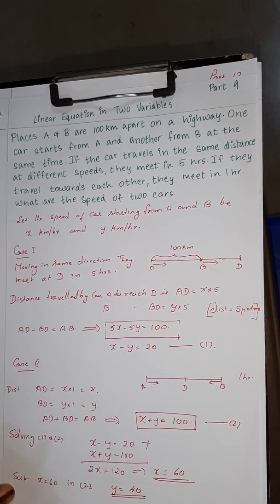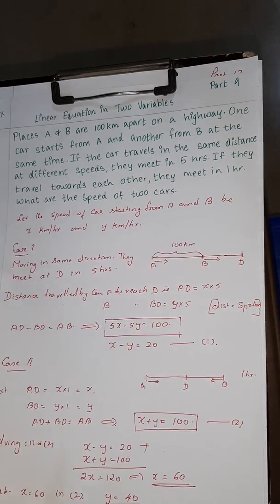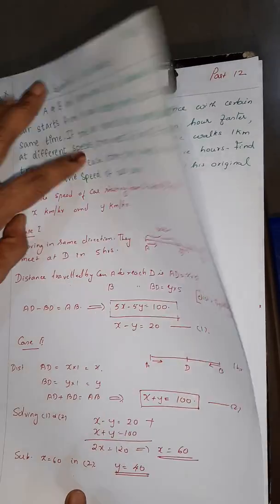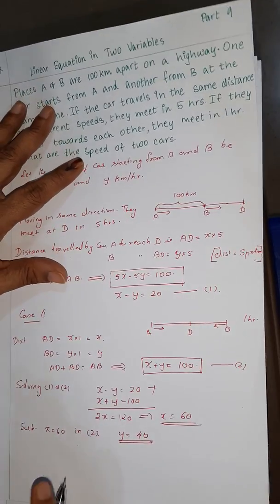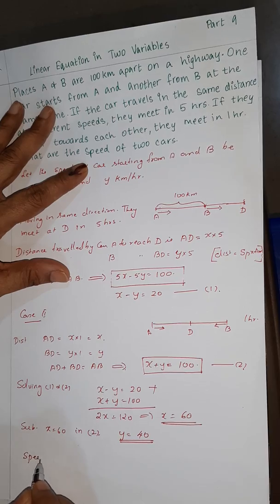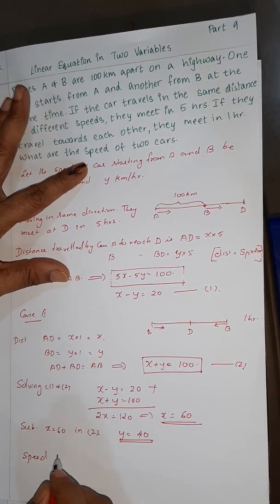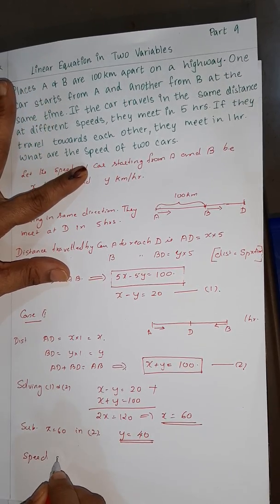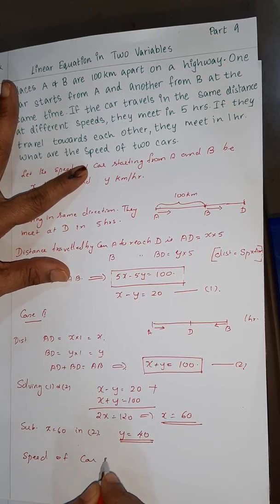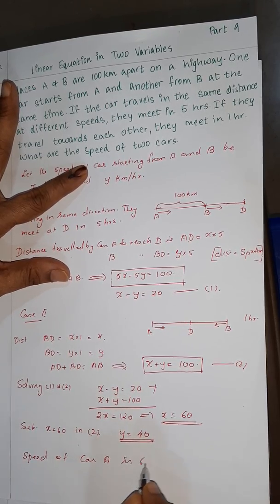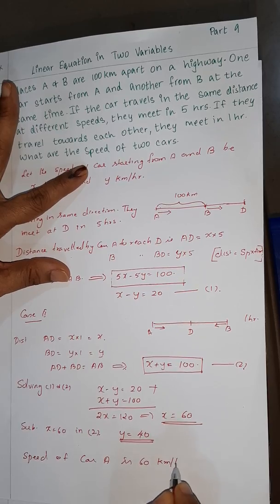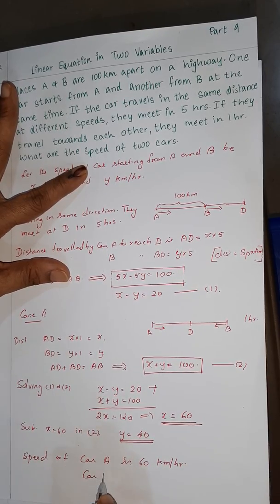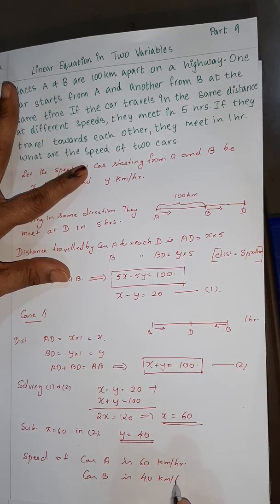So, the speed of car A is 60 kilometers per hour and car B is 40 kilometers per hour.